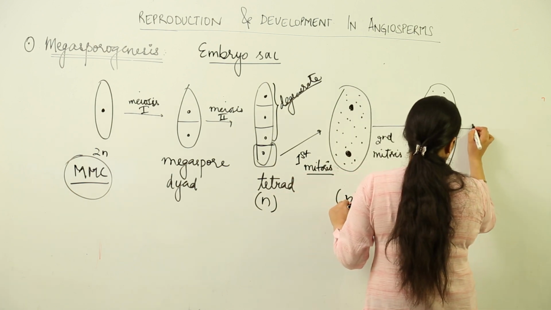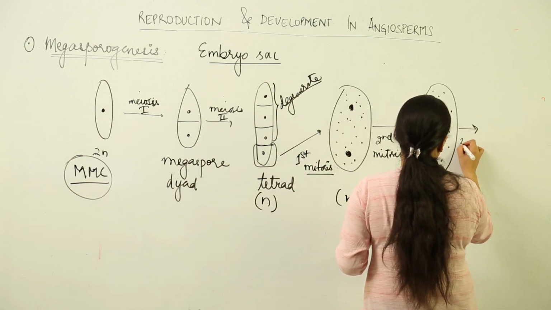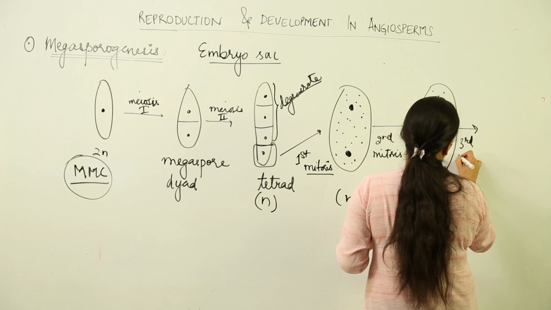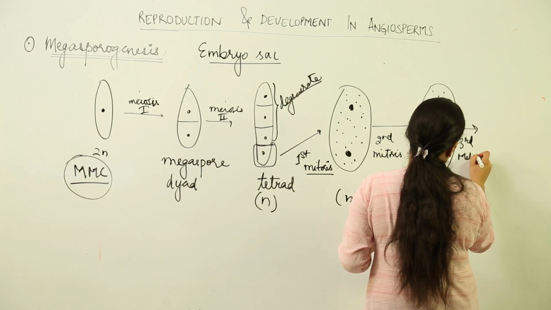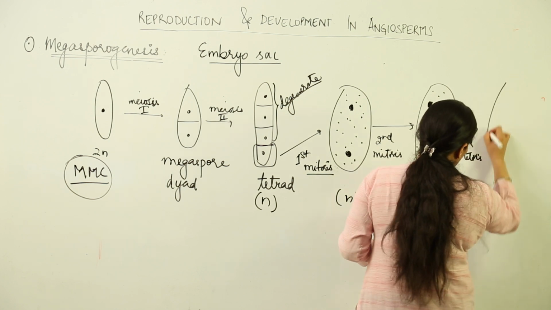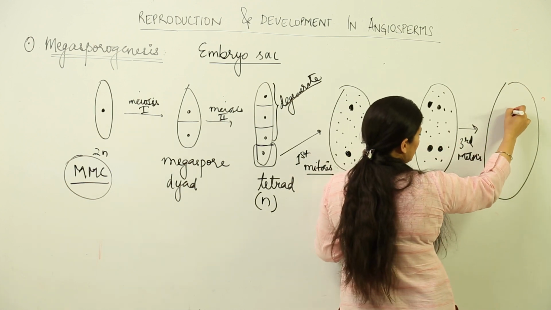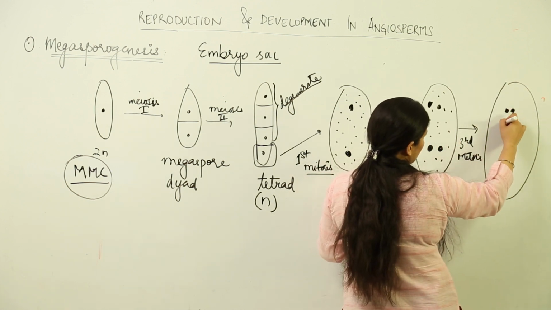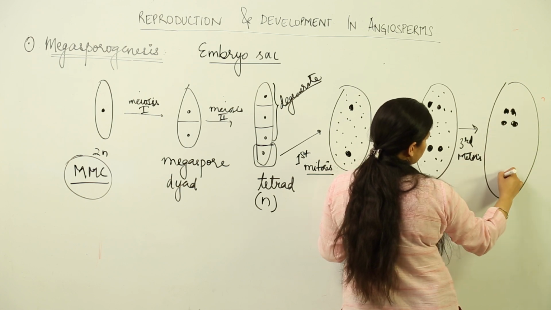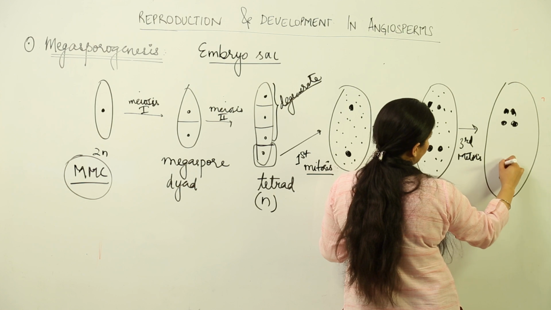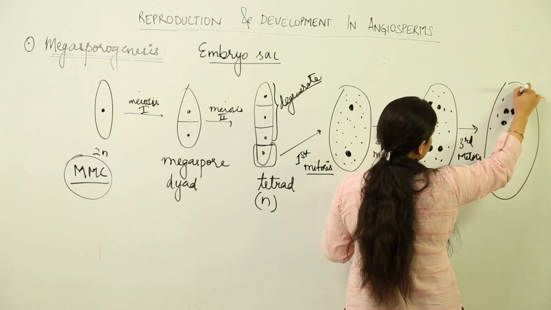Then there would be another mitotic division, that would be third mitosis, where these 4 cells, I hope this is visible to you, would give rise to 8 nucleus or 8 nuclei, grammatically correct.